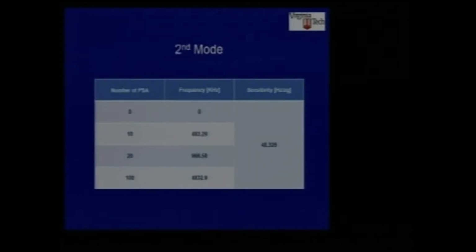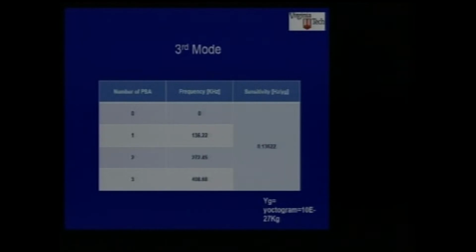Again, if you go to the second mode, instead of 8 you now have 48, a factor of 6. You go to the next one, then it will go even higher, because now the sensitivity is not per zeptogram, it is per yoctogram, which is another factor. So the higher the mode, the better you get. The higher the basic frequency of the system is, the higher the sensitivity.